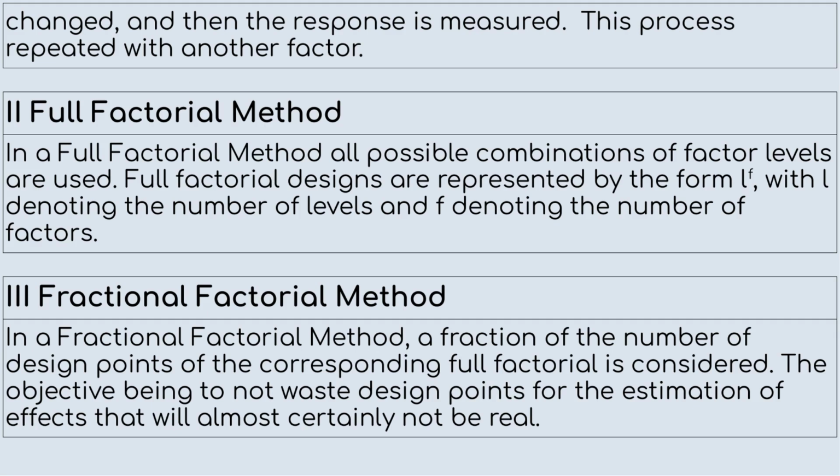Fractional factorial method. In a fractional factorial method, a fraction of the number of design points of the corresponding full factorial is considered. Here the objective is not to waste design points for estimation of effects which will not be there.